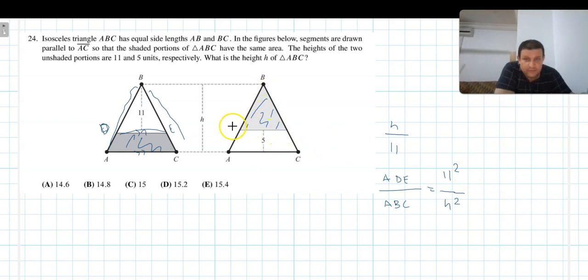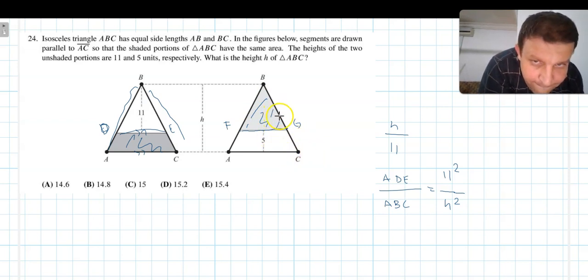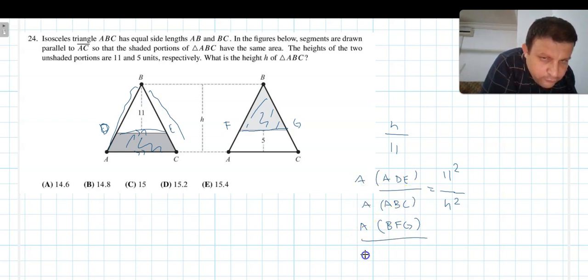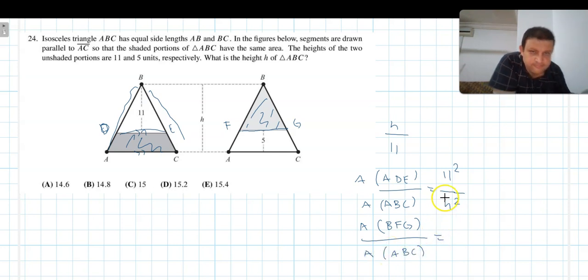This one, we don't know, let's say FG. The ratio is going to be the area of BFG over the area of ABC equals, this time, h minus 5.